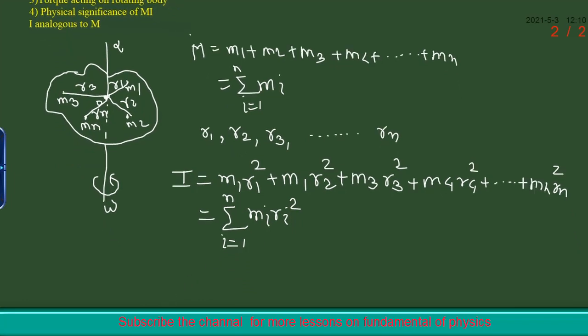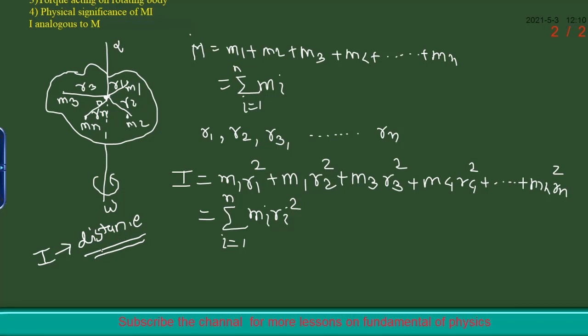Now from this it is clear that moment of inertia is the quantity analogous to mass, which includes not only the mass but also takes care of the distance-wise distribution of mass around the axis of rotation of the body. Just remember the important point: this moment of inertia depends on the distance of mass from the axis of rotation.